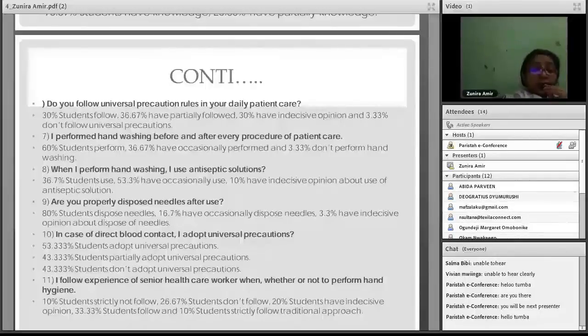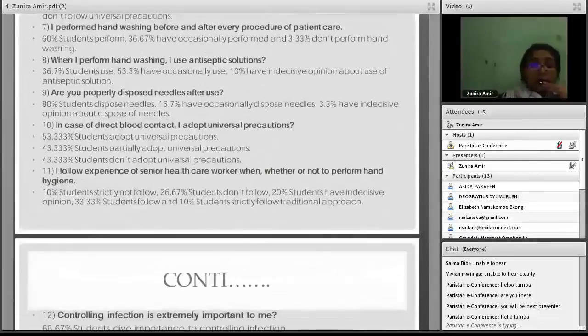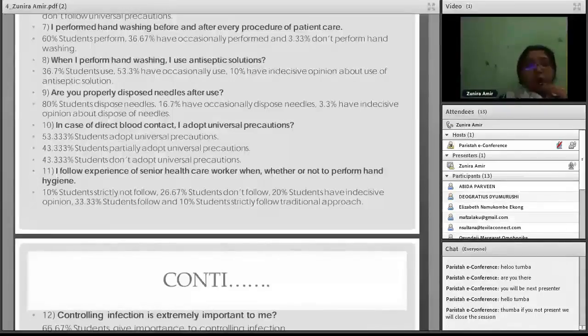Regarding performing hand washing before and after patient care, 60% of students perform it, 36.67% occasionally perform it, and 3.3% do not wash hands after invasive procedures. When performing hand washing with antiseptic solution, 66.7% of students have knowledge, 23.3% occasionally, and 10% have no opinion. For proper disposal of needles after use, 80% of students dispose of the needles properly, 16.7% occasionally, and 3.3% do not dispose of them properly.